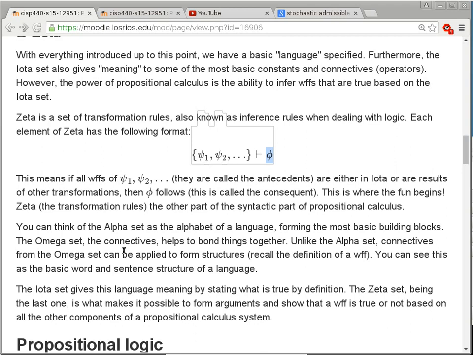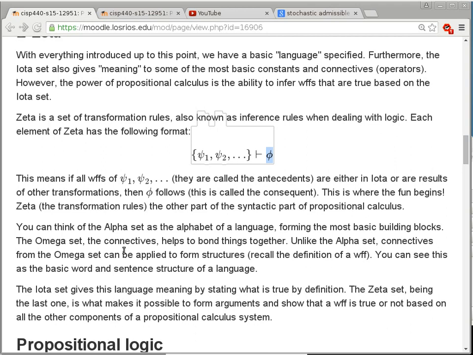Okay, I'll give you another example. So we'll say in a particular funny system, okay, so we'll say psi, that phase, this is phi, okay? And this is the only well-formed formula.